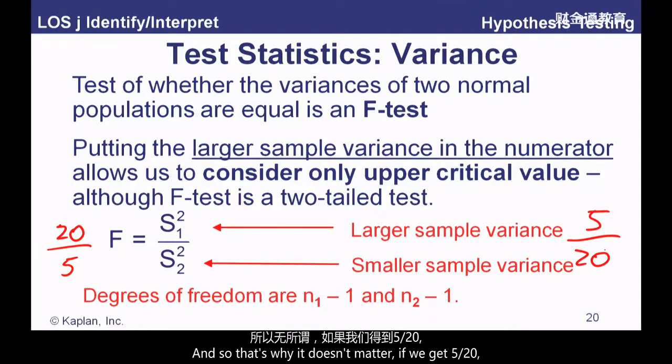And so that's why it doesn't matter if we get 5 over 20, we don't have the lower critical value. We just flip it over and check that upper critical value and see if it's less than 4. If it is, we're going to reject equality.